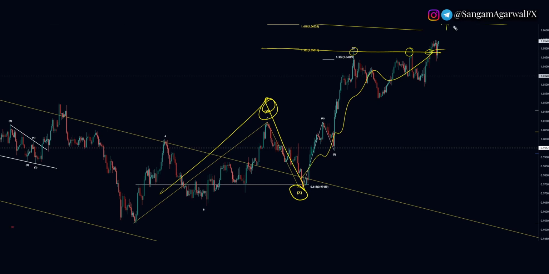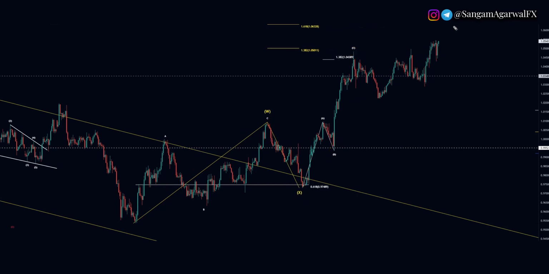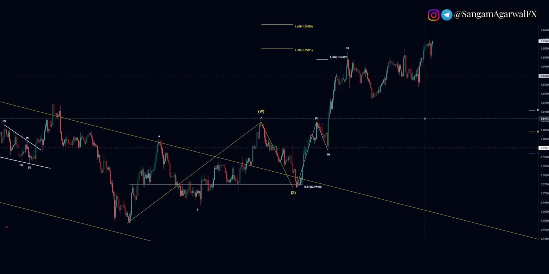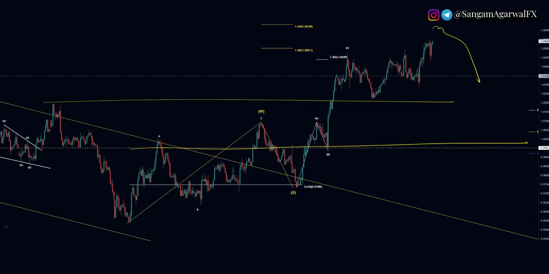Near that level we can get a selling opportunity, because the dollar is heading towards a strong support level. So once the reversal starts as a counter trend correction, then again this support level will be our first key horizontal support.